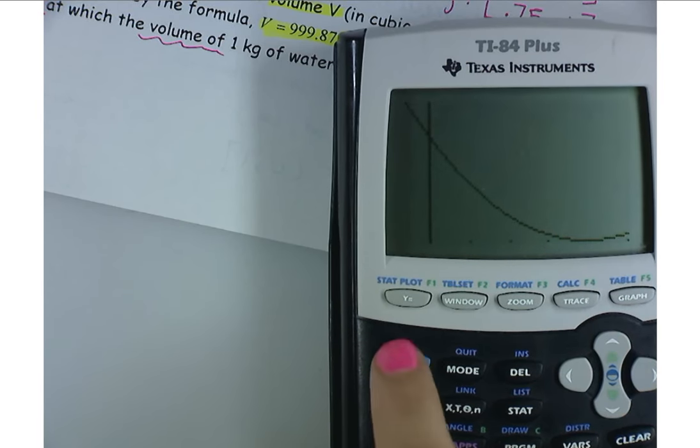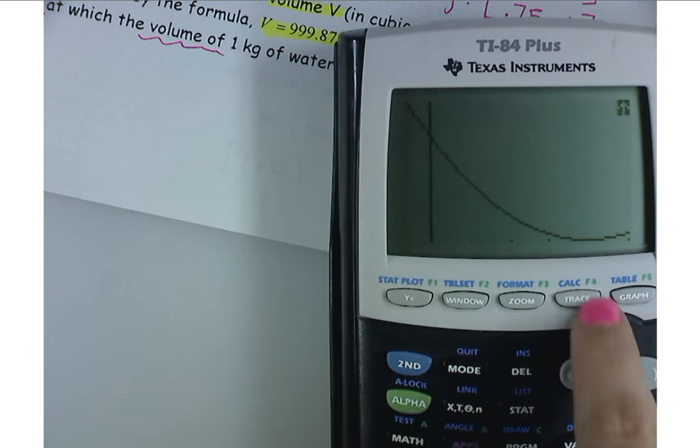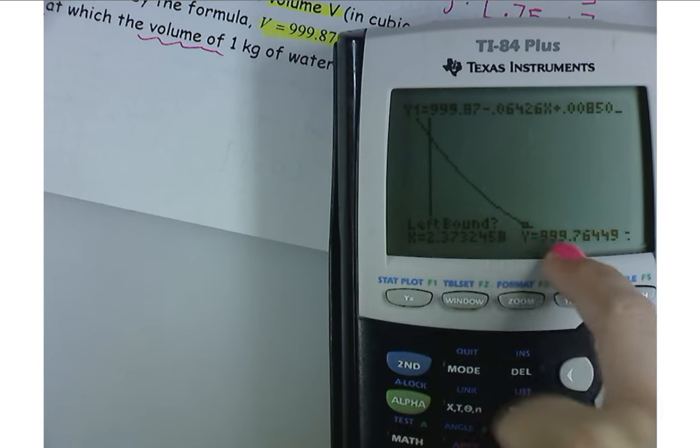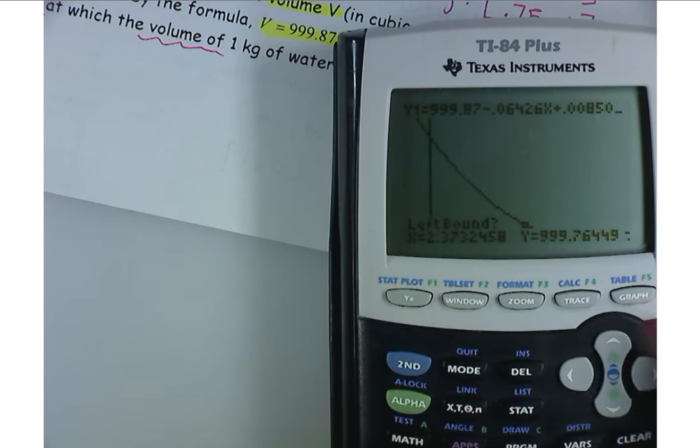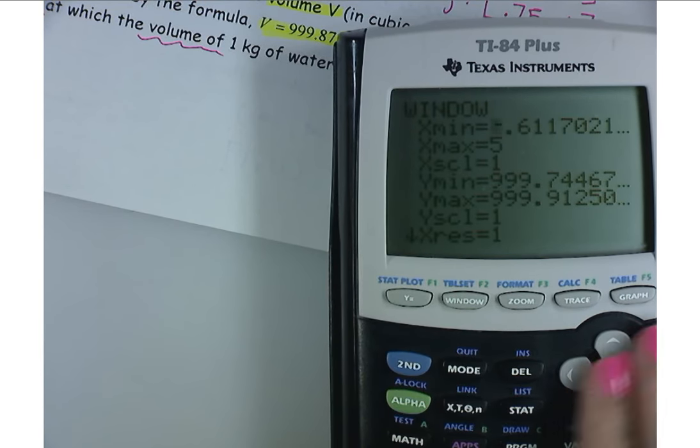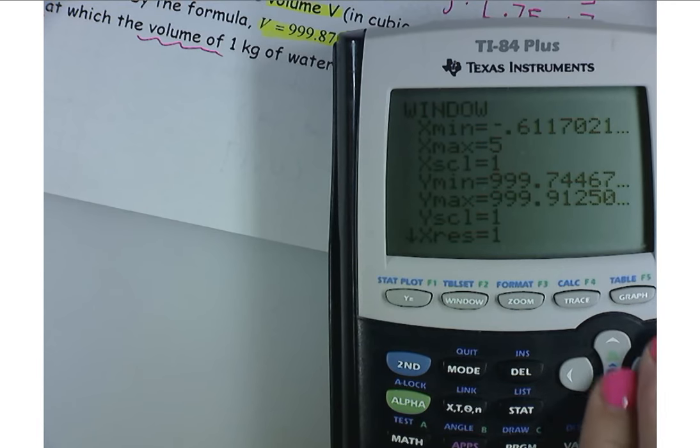So now what we're going to do is go to second, trace, and then find the minimum. This one's a little bit trickier because you have all of this in the way. Really, you could try it, but I think I'm going to set up my window so that my min is, let's try 990.